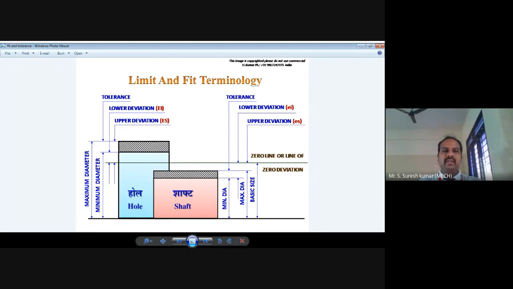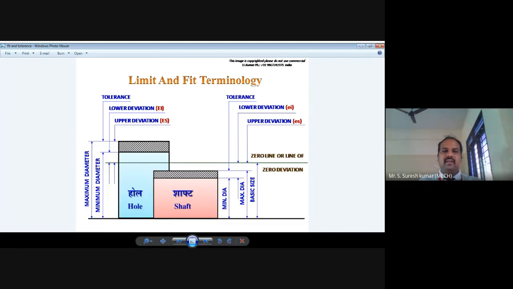So next one is deviation. What is meant by deviation? The algebraic difference between a size, which means actual, maximum, etc., and the corresponding basic size is called deviation. So there are two deviations: first one is actual deviation and another one is upper deviation.